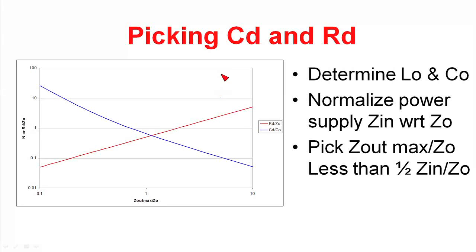You enter so that Z out max is less than 1/2 Zin. That pretty well guarantees the stability of your power supply. It says that the source impedance of your power system is less than 1/2 the power supply input impedance, and that guarantees stability. So you enter into this curve, and this allows you to pick how large a damping capacitor you need by looking at the blue curve, or what the damping resistor is by looking at the red curve.